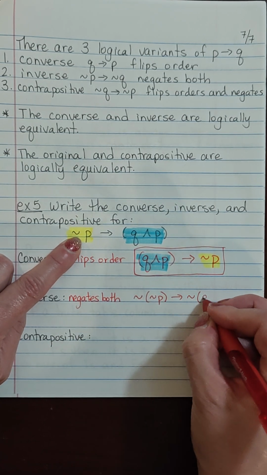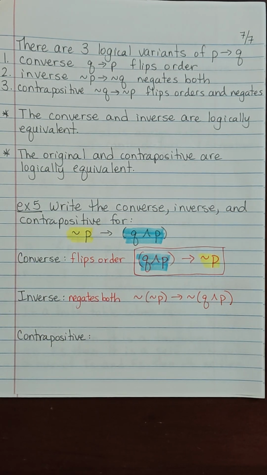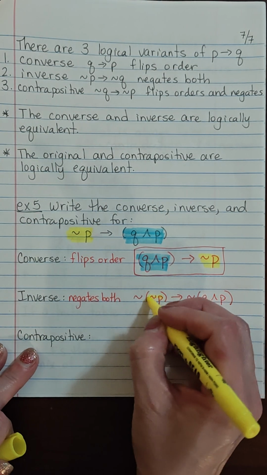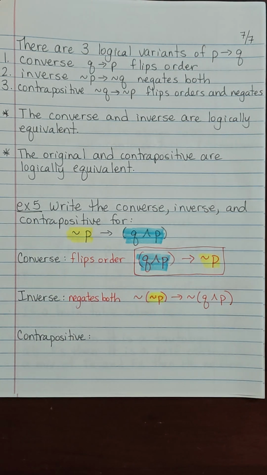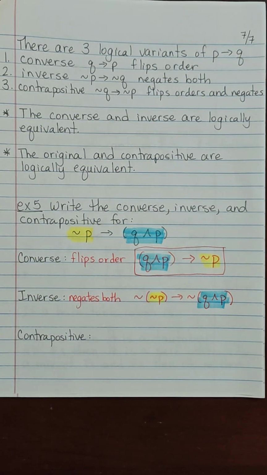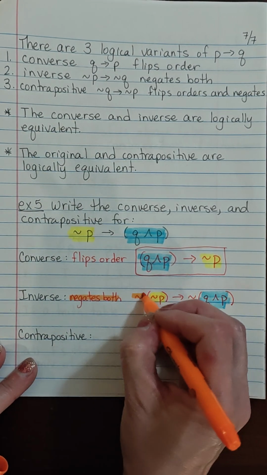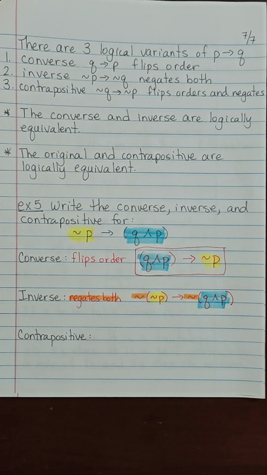Then I'm going to negate the second thing. All right, let's throw some highlighter on here. So there's my original order, and look, this negates both of them in the original order they were in.